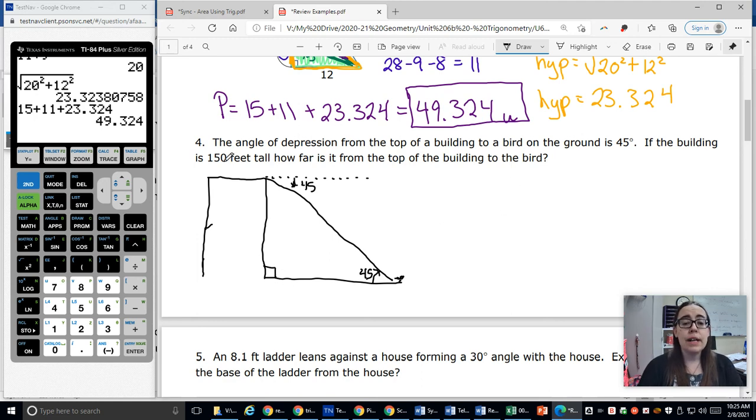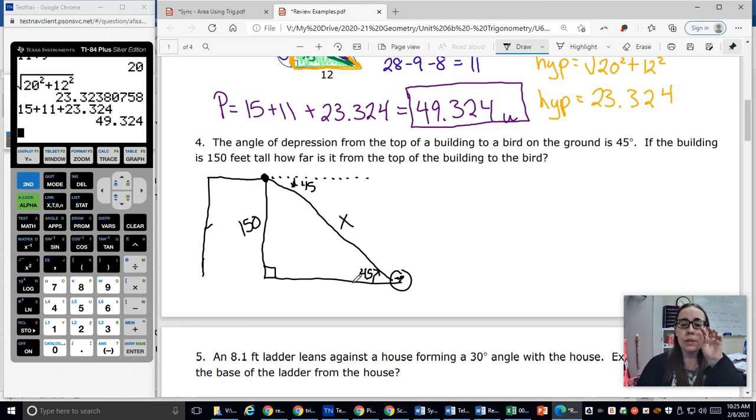The building is 150 feet tall. How far is it from the top of the building to the bird? So I want to know from the top of the building to the bird, what is that distance there?